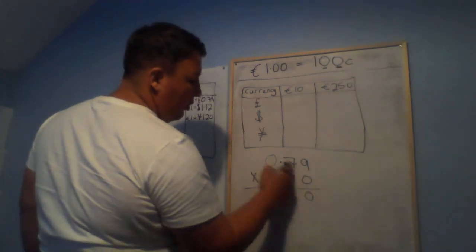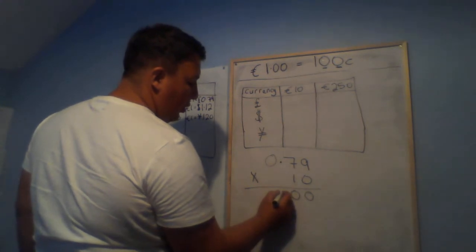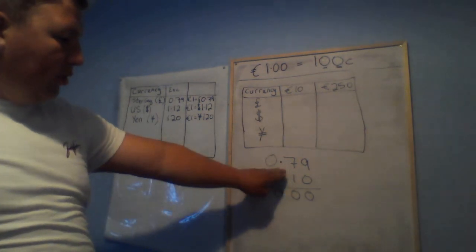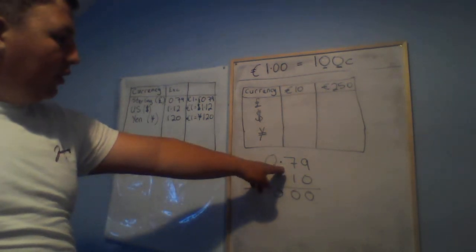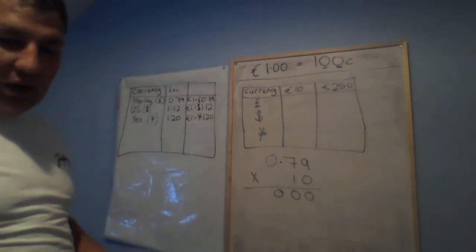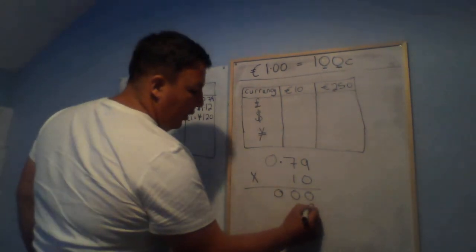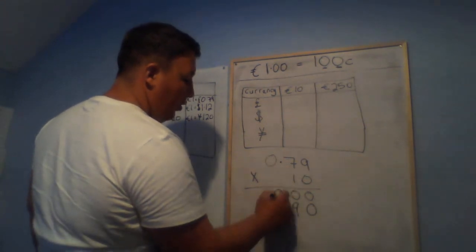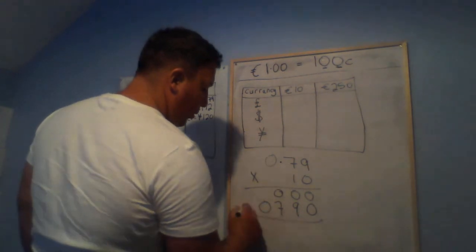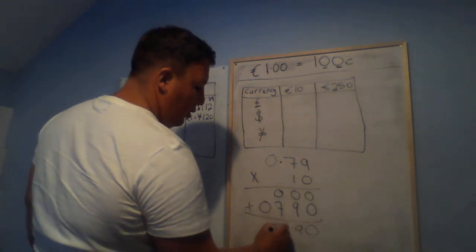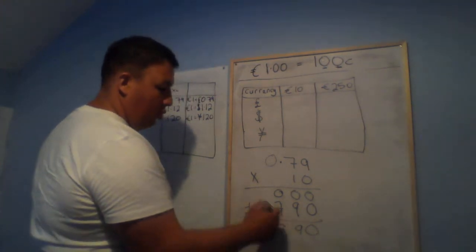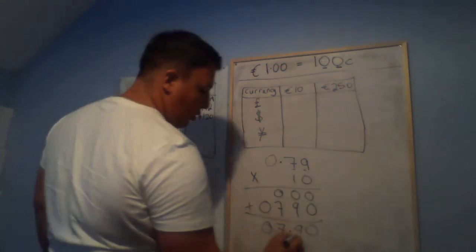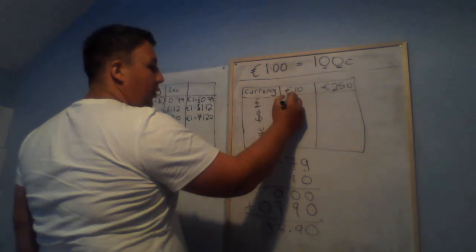I'm always saying, forget about the decimal point until the very end, until your answer, and I'll show you why in a minute. 1 multiplied by 9 is 9, 1 by 7 is 7, 1 by 0 is 0. Add them up: 0, 9, 7, 0. So we had 2 decimal places in our question, and none down here, so we need 2 decimal places in our answer. So our answer is €7.